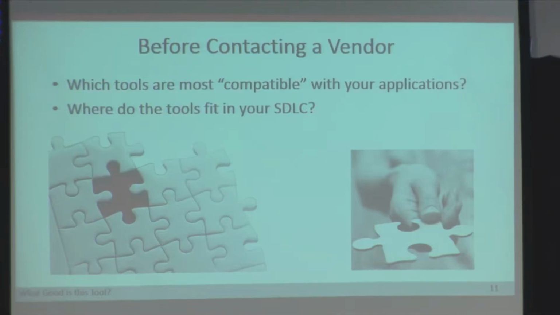And they'll give us a deal if we get their tool. So you go to that vendor and you say, hey, I'm in the market for a new dynamic analysis tool or a new static analysis tool, or I just need help with my security program. And they come to you and say, oh, we have the answer. It's our tools. Big surprise, right? So first, try to figure out what is the best fit in your organization before going to the big vendors and them selling their own tools to you, right?